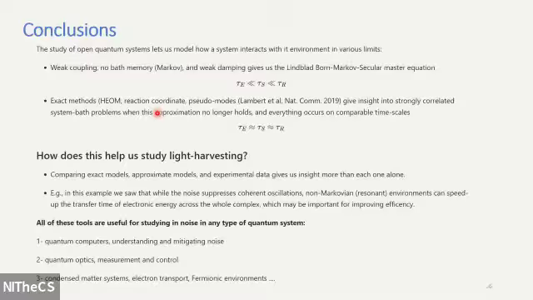The points I tried to make were that we have a lot of options when it comes to treating noise in open quantum systems. The Lindblad master equation is very powerful and can be used in many, many cases. But there are situations where you have to go beyond it and use slightly more complicated methods, particularly when the environment and the system have timescales that are comparable to each other.